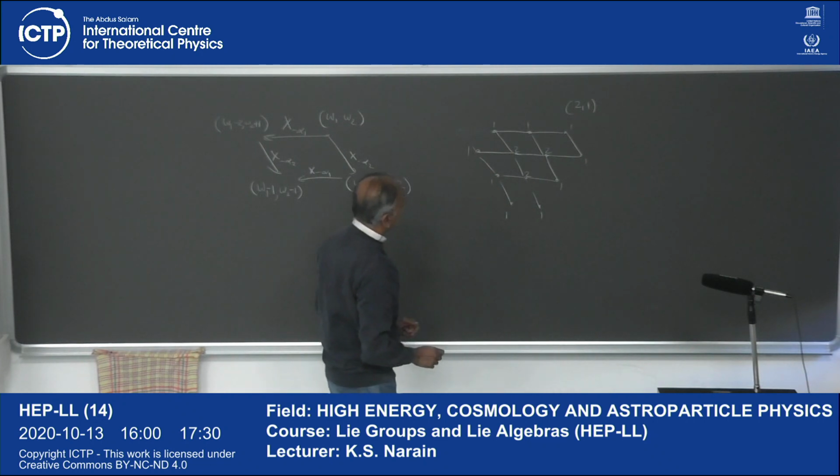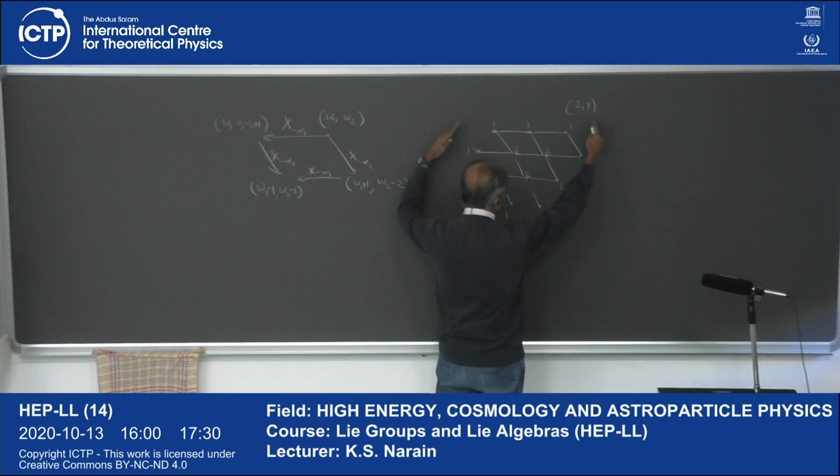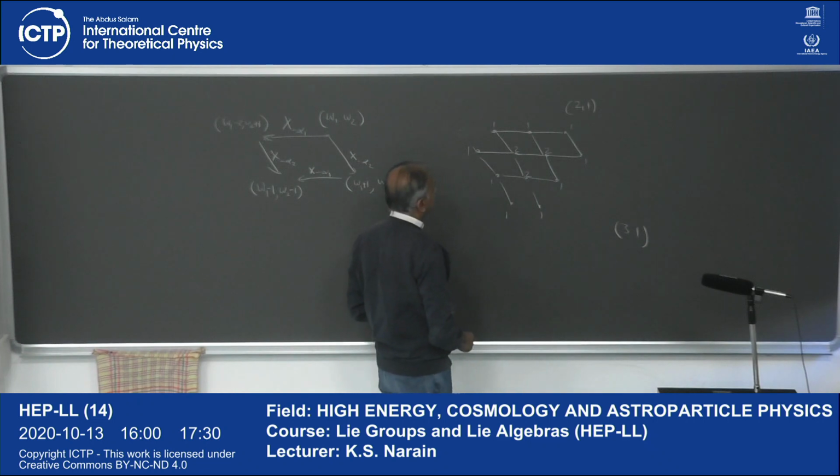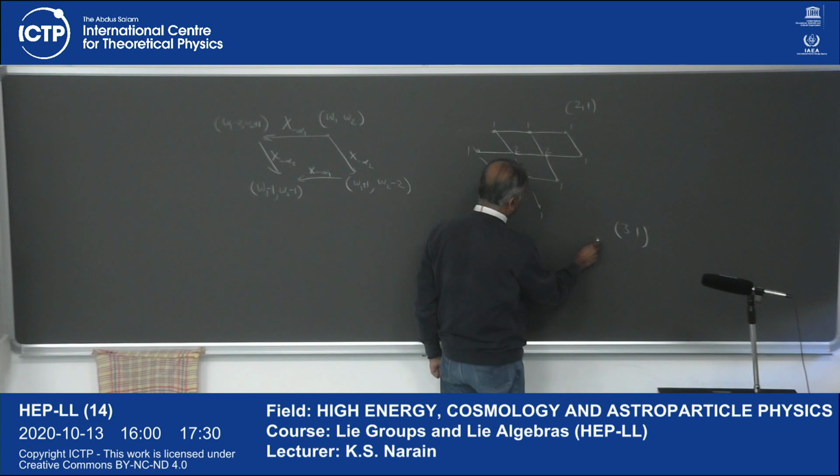That was dimension 10. But now suppose that I had started with a bigger one, let's say 3,1. Then in the top row, the spin is 3 halves, so it will come like this here, and then here it goes like that.